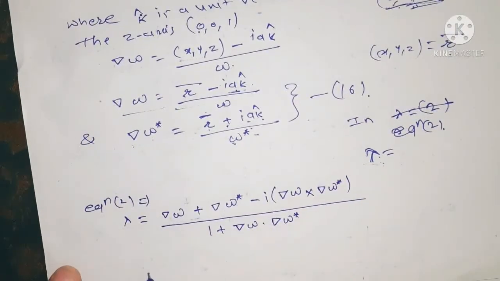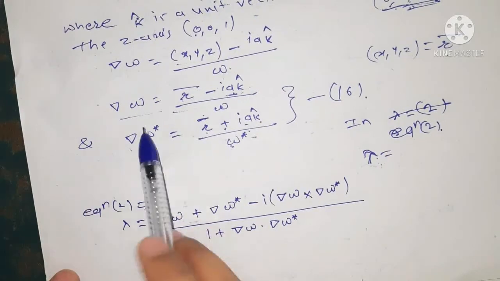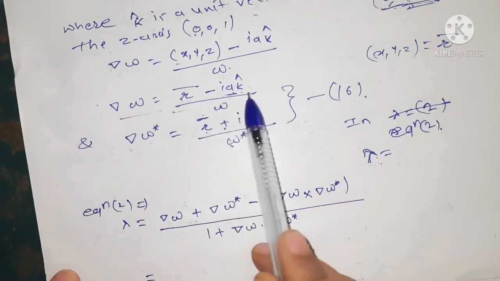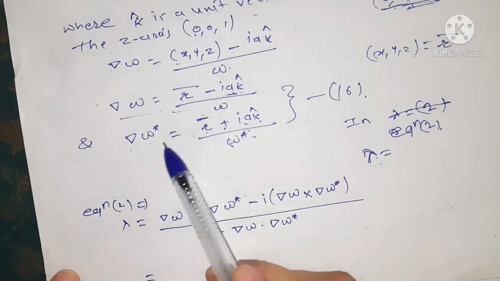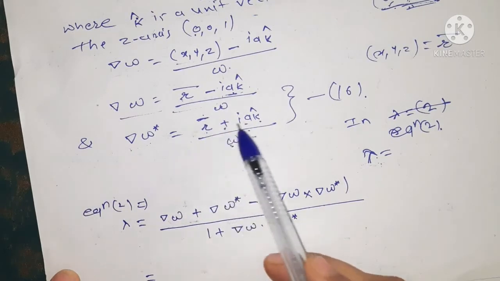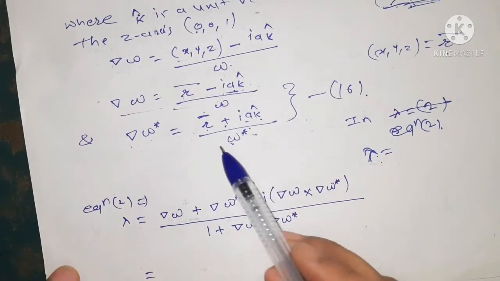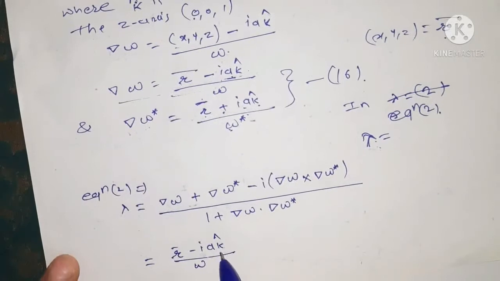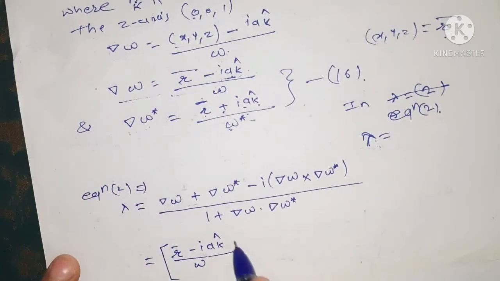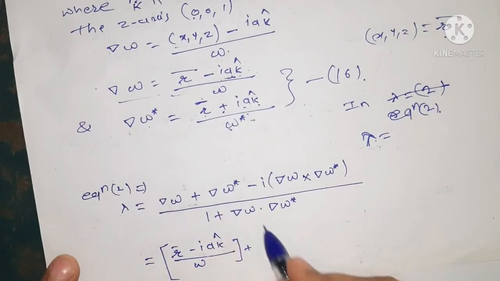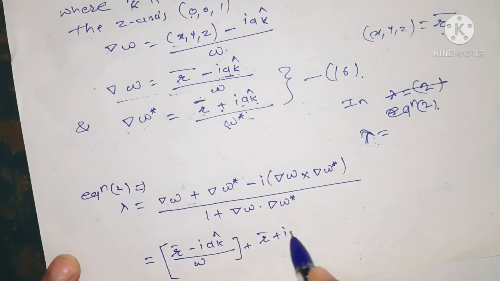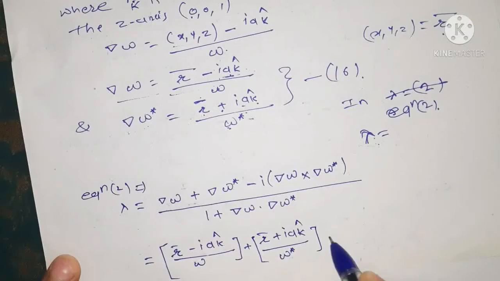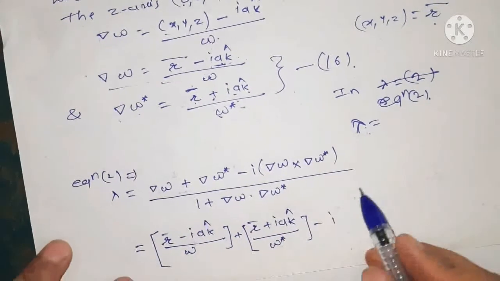Now we substitute the value of del omega here, r bar minus i a cap upon omega, and the value of del omega star, r bar plus i a cap upon omega star. So we have r bar minus i a cap upon omega in a bracket, plus r bar plus i a cap upon omega star, minus i del omega cross del omega star.